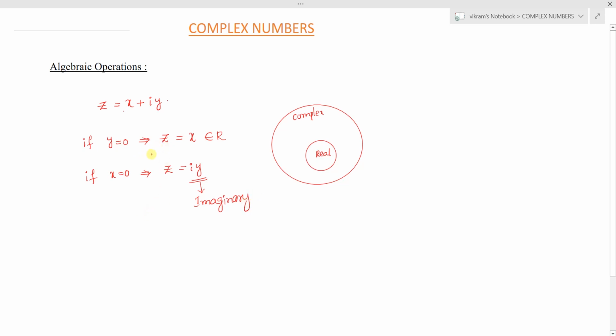So from this we can say, if y equals 0, z equals x, which is nothing but a real number. So all the real numbers are complex numbers.